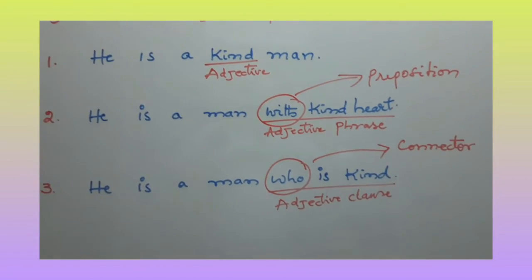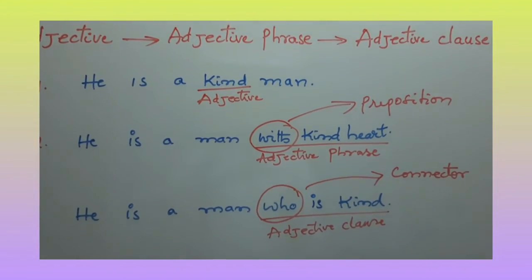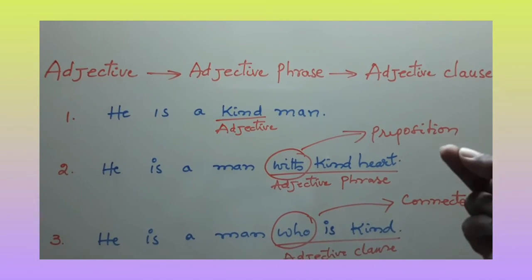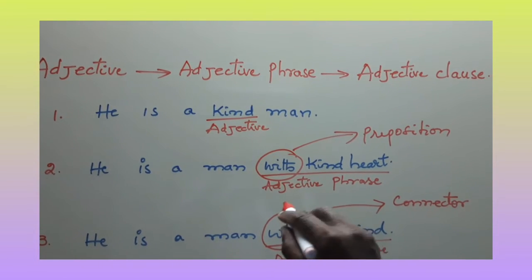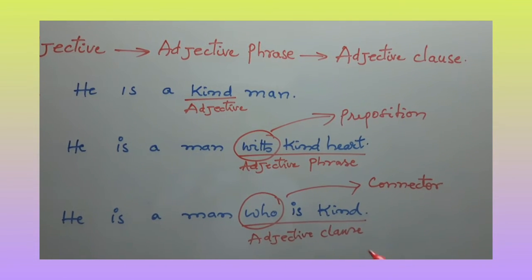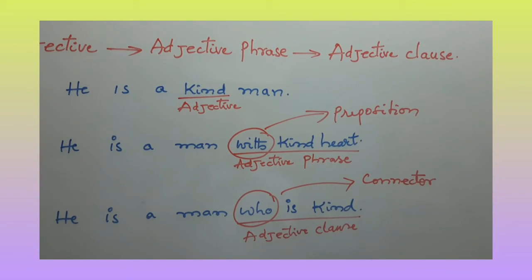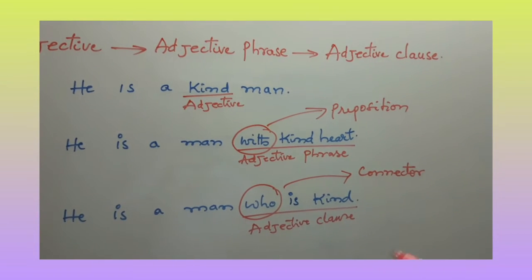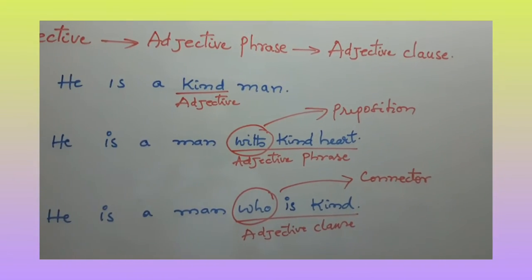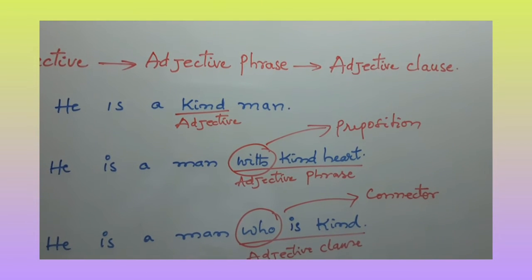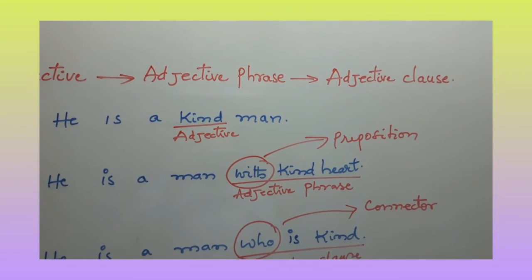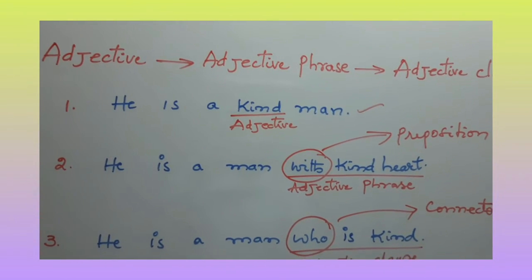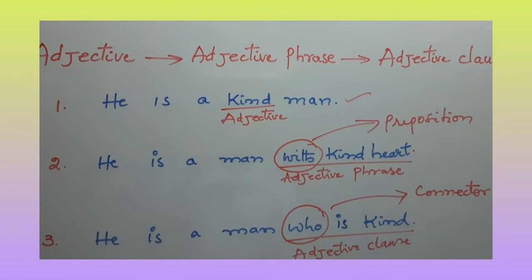So here what we understand is that a phrase can act as a part of speech, and a clause also can be used as a part of speech, as an adjective clause. In these three examples, we understand that in the first example, the adjective is used before the noun it qualifies.